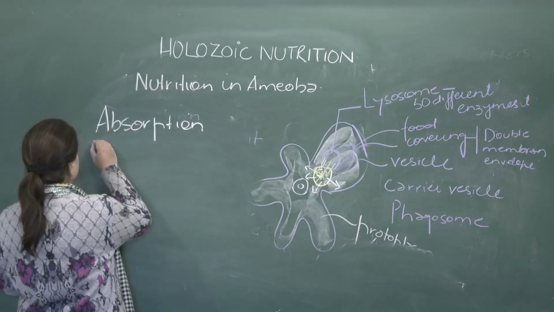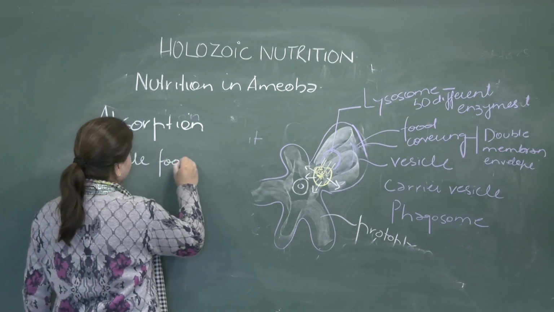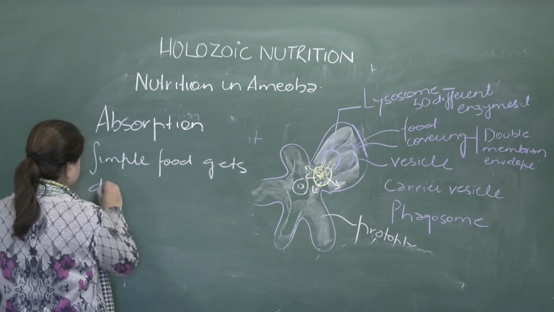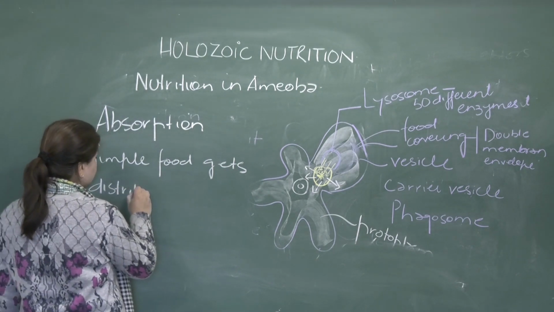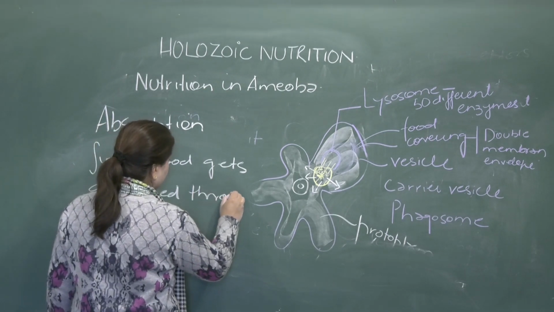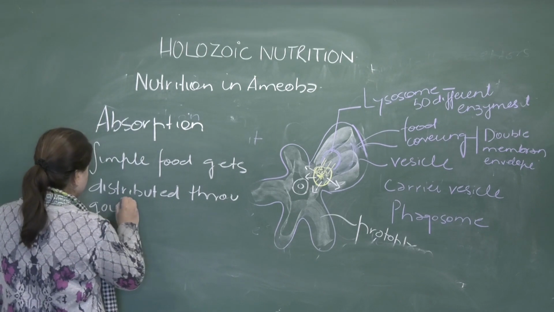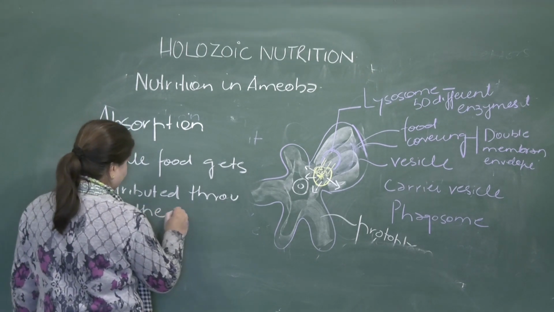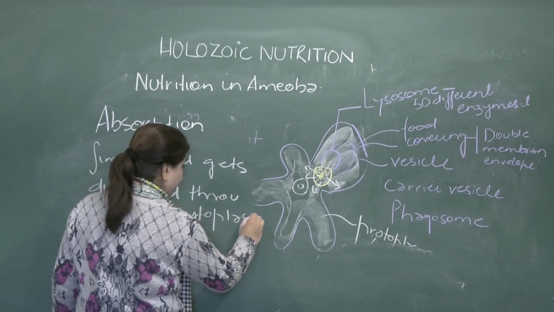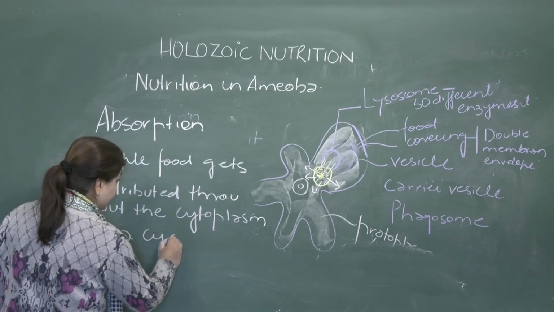So, simple food gets distributed throughout the cytoplasm via cyclosis.